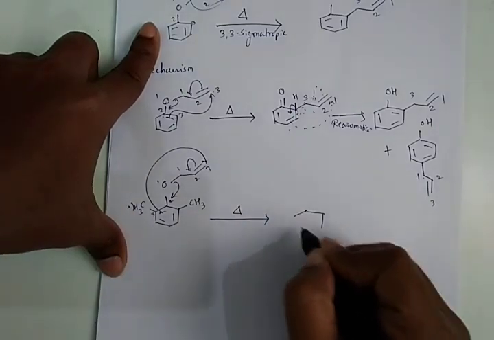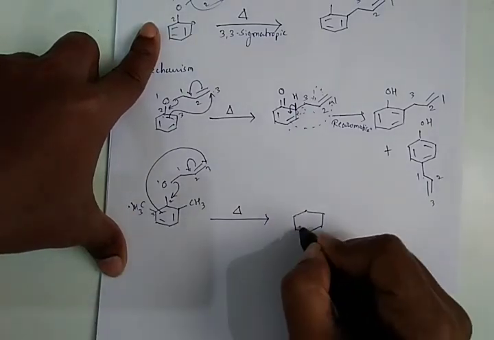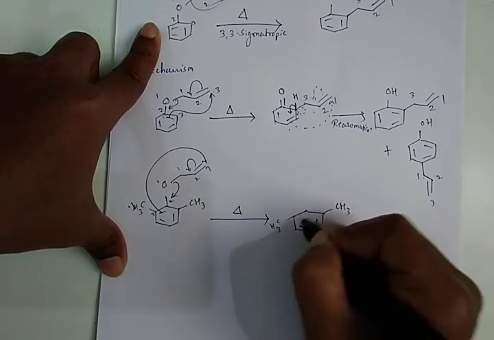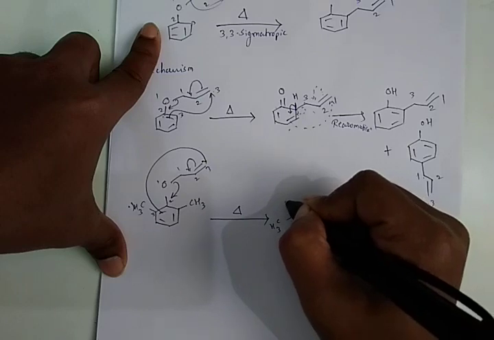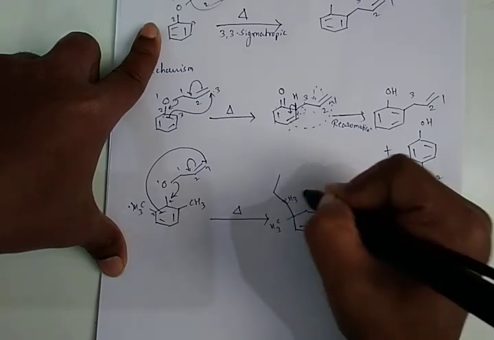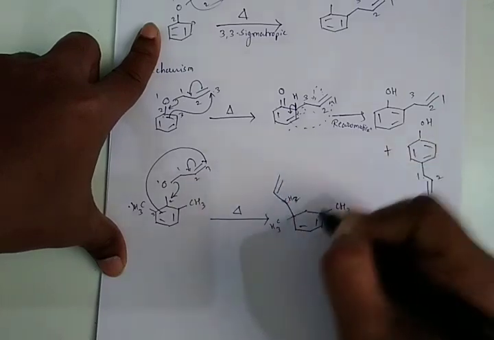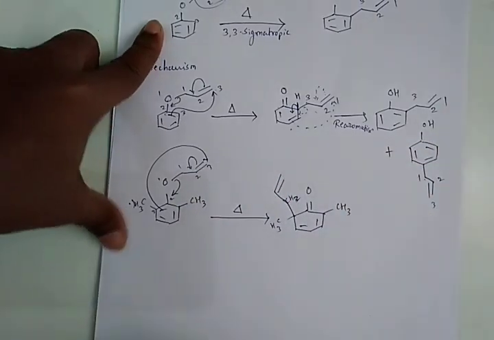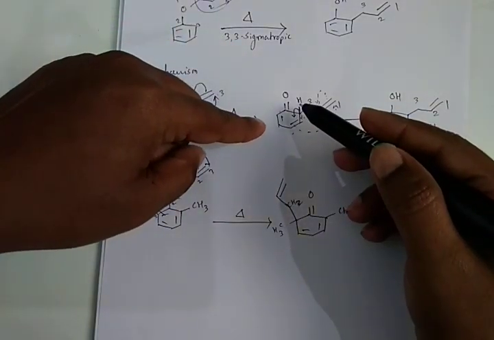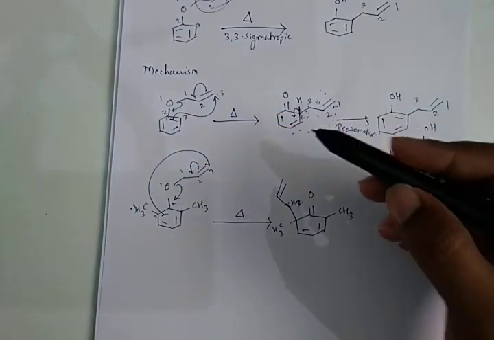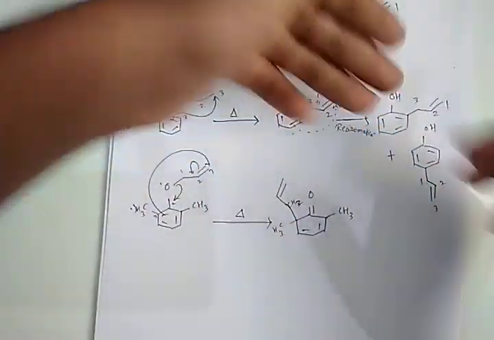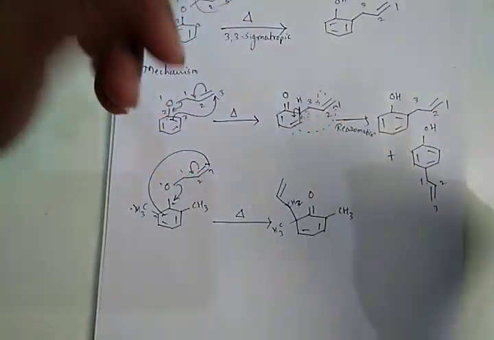So finally what you are getting is CH3 unaffected, here is one more CH3, and you are getting another allylic group, here is CH2, sorry, here is the double bond and O. Like in the previous case, you had one hydrogen which would go as H plus, and then the ring would be rearomatized to give a stabilized product.